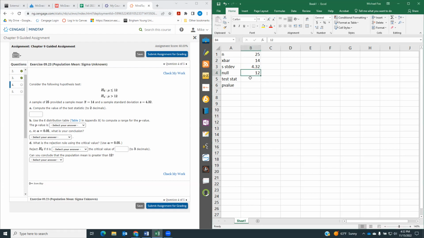So to find the test statistic, we're going to say this equals X bar minus the null, or the hypothesized mean, and then we're going to divide that by, instead of sigma, S, the standard deviation, divided by the square root of n.